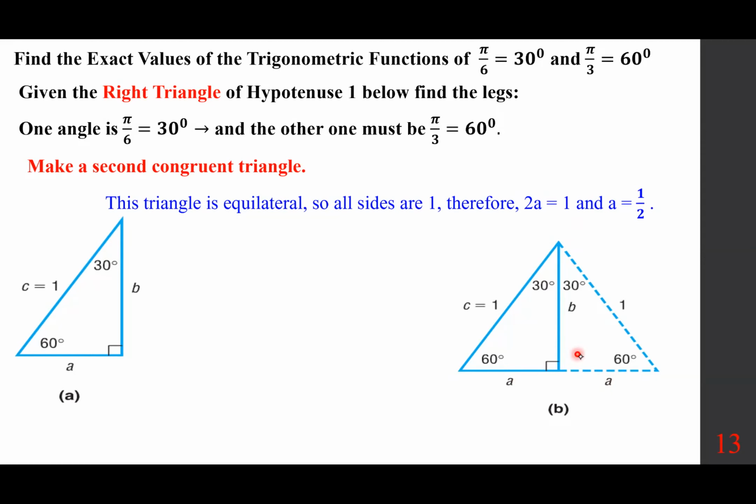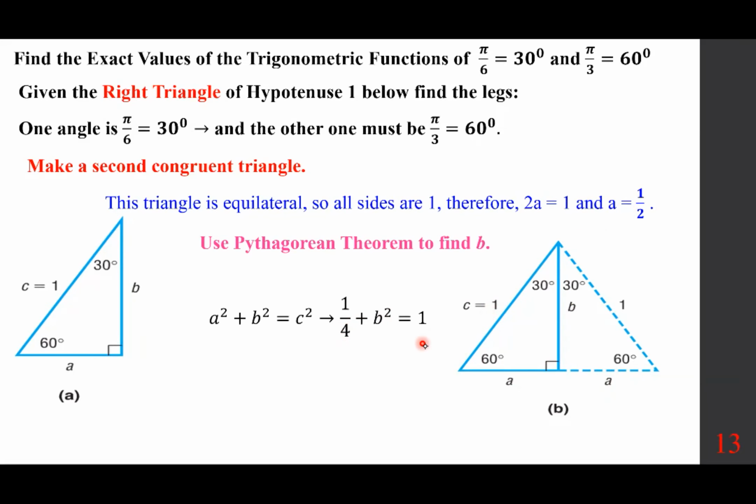Can we find the value of b? Of course, we can use the Pythagorean theorem. Remember, a squared plus b squared equals c squared. Now, a is 1/2, so a squared is 1/4. b, we don't have it. b squared, and 1 squared is 1.